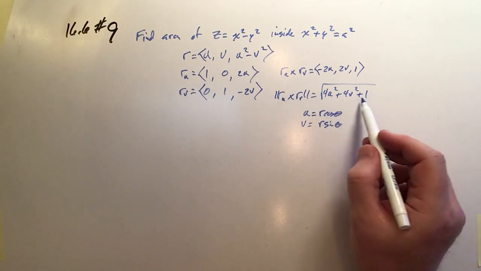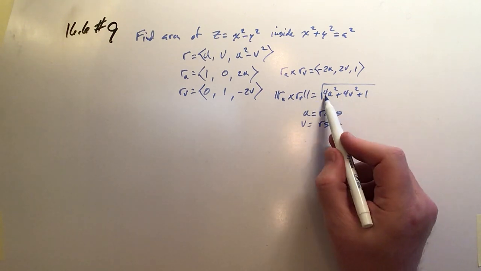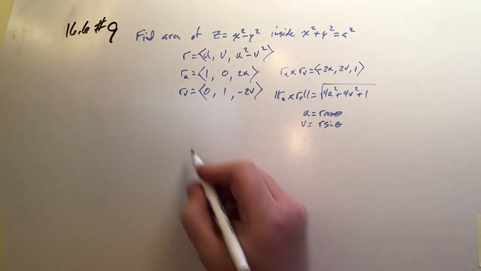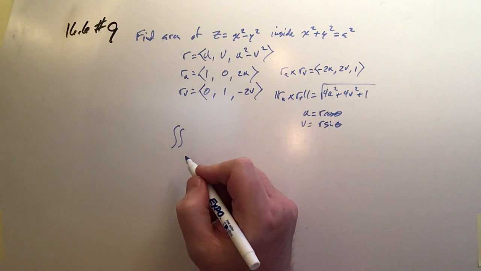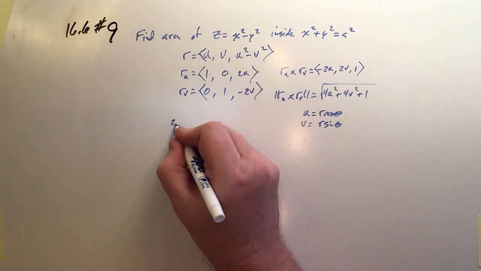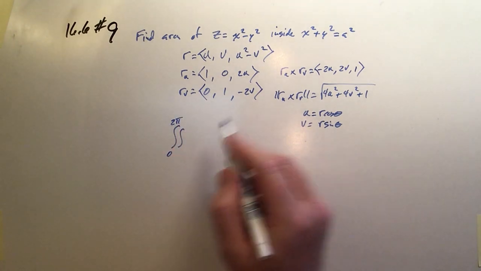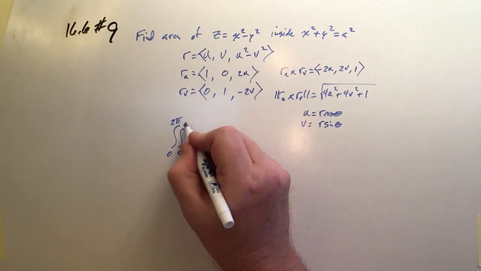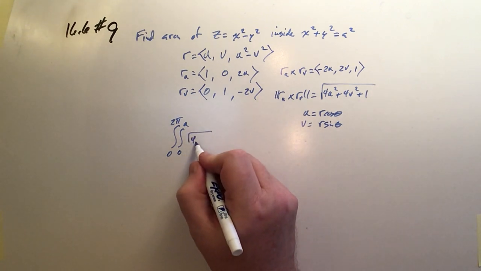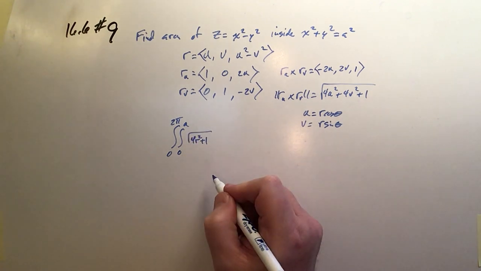That means the argument for our integral is just going to be the square root of 4r squared plus 1. So we'll have the double integral, theta going from 0 to 2 pi, r going from 0 to a, of the square root of 4r squared plus 1.